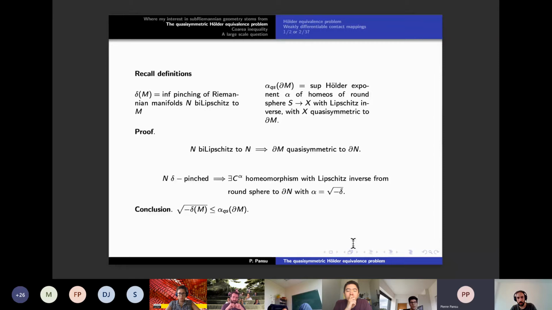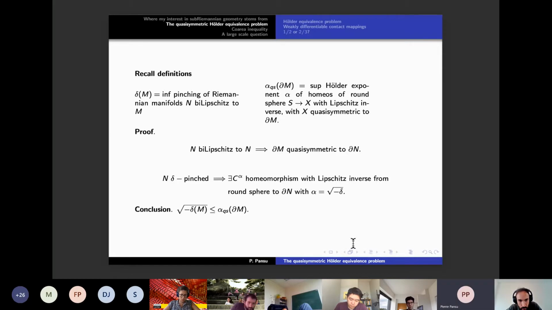So you see on the left, in the Riemannian geometric manifold, you have these words pinching and bi-Lipschitz, whereas on the boundary, the keywords are Hölder homeomorphism, Lipschitz inverse, quasi-symmetric.